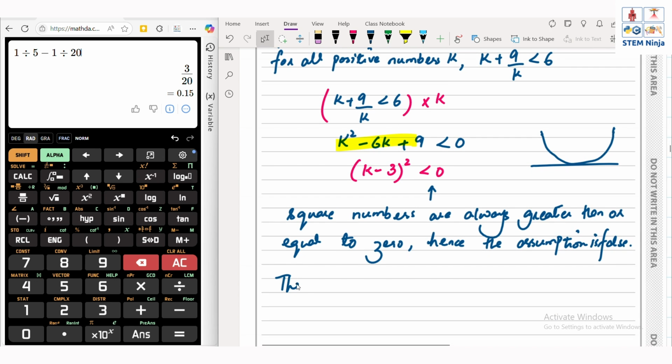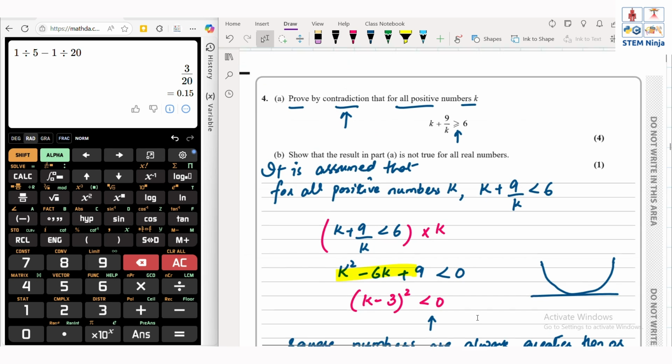Therefore, for all positive numbers k, k plus 9 over k is greater than or equal to 6. Right? Okay.